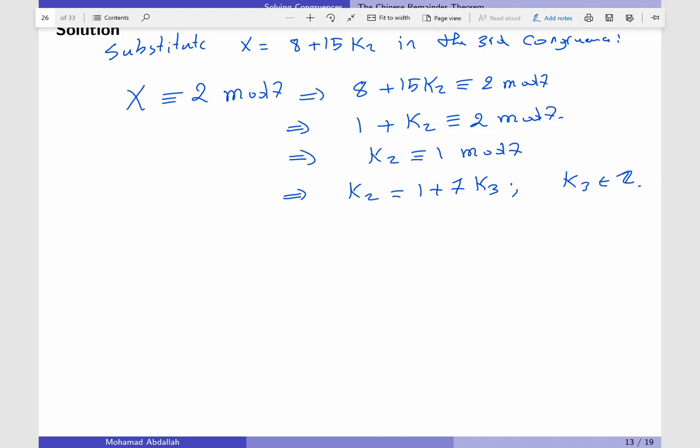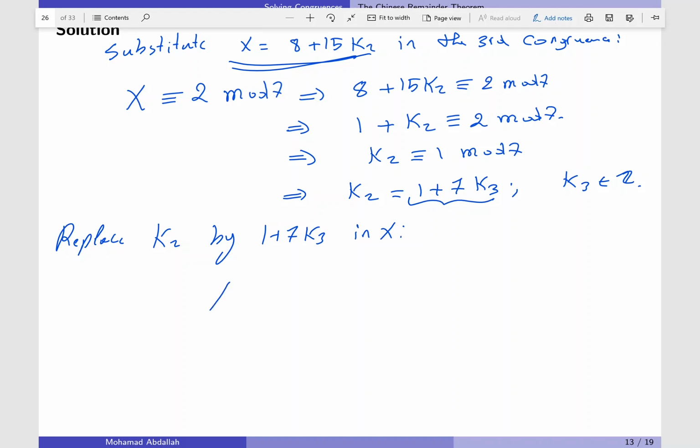Now remember that this was x, the one that we just used recently. So instead of k2, I'm going to put this. Now replace k2 by 1 plus 7k3 in x.